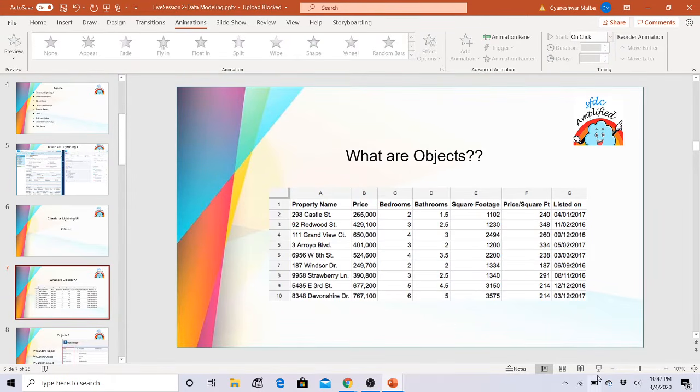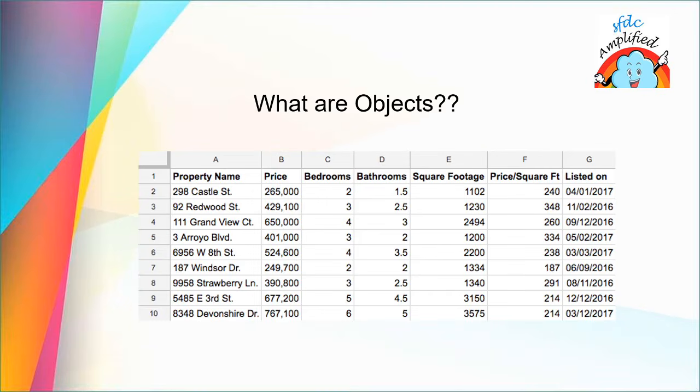Coming to objects. What are objects in Salesforce? In Excel we have something called a table. In the same way, we have objects in Salesforce. You can see property name, price, bedrooms, bathroom, square footage.